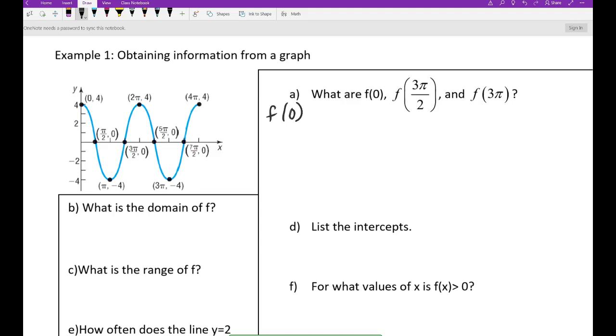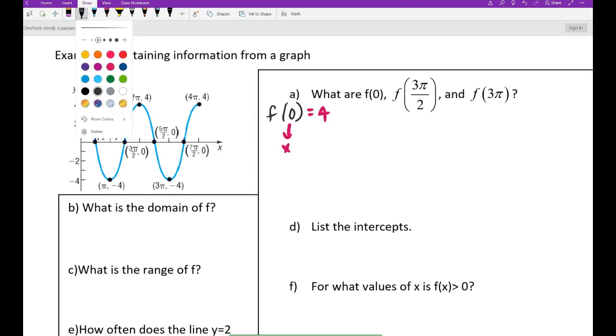I'm asking, what is y when x is 0? This right here is x. Go to the x, and in this case x is 0, right? And what is y when x is 0? So this is 4. All right, let's go on to the next one.